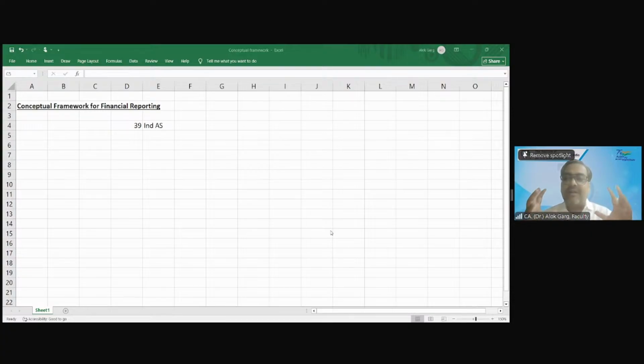This is the underlying framework within which these Indian accounting standards are drafted and notified. Okay, is that clear, my dear friends?